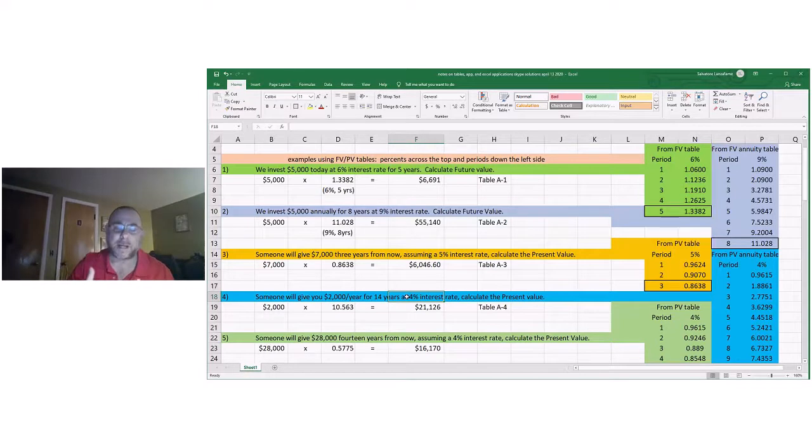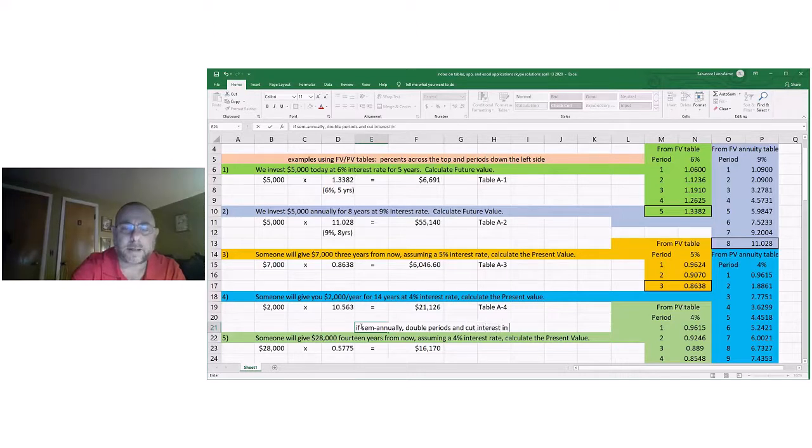If you were calculating this semi-annually, you would double the periods and cut the interest rate in half. So if semi-annual, you would double the periods and cut interest rate in half. So in this case, you would be looking up 28 periods, 2%.